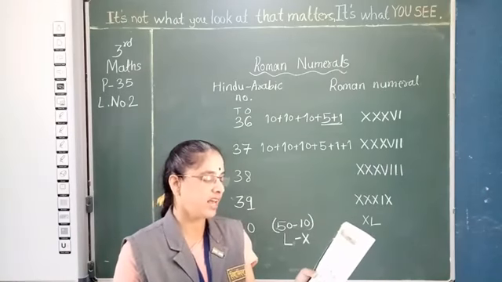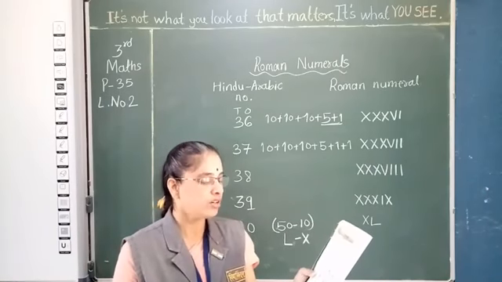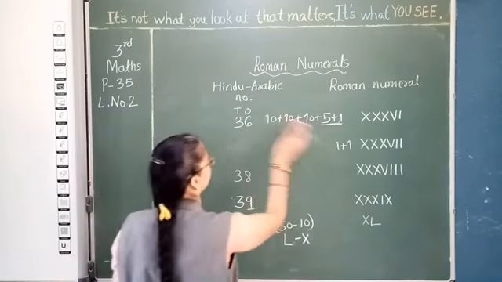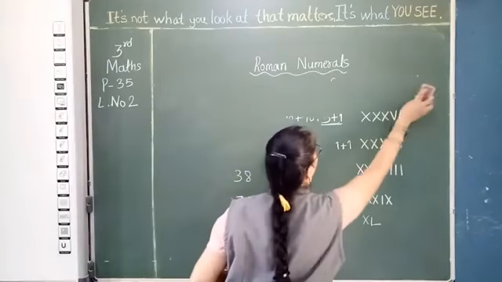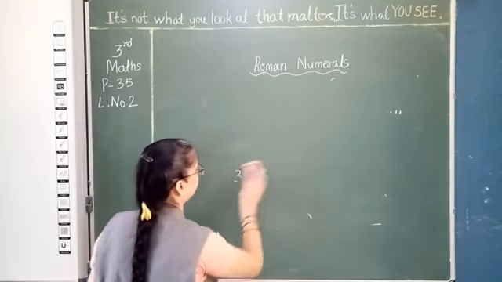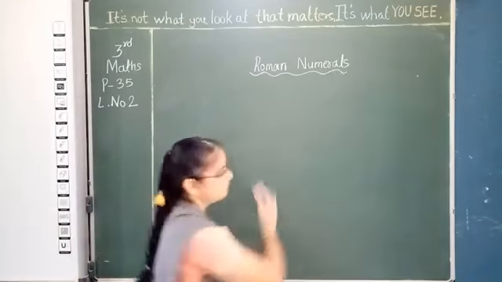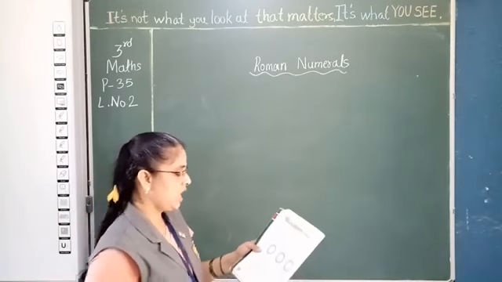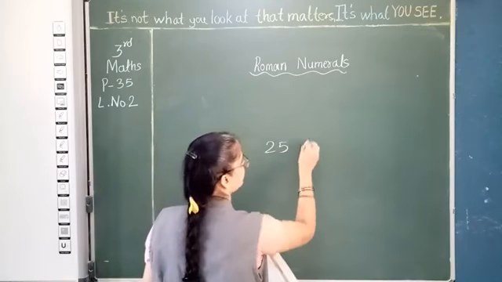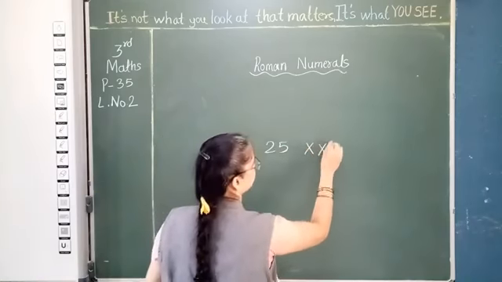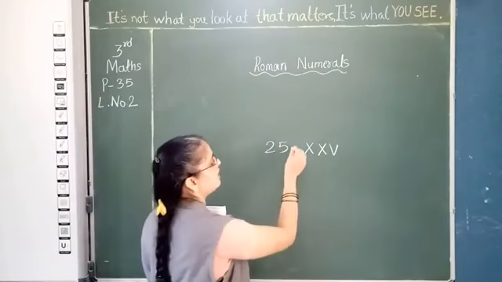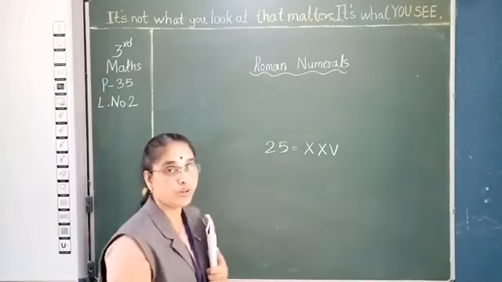See, the first one is A. The Roman numeral for 25 is XXV. See, for 25, 20, how are we going to find out?